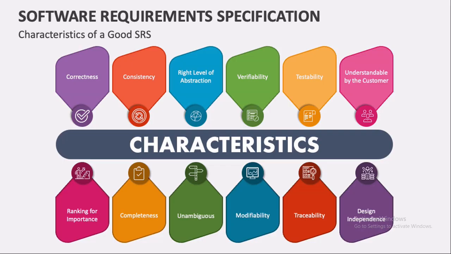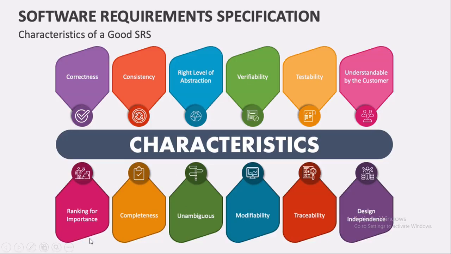It should be verifiable, or we can say testable, and modifiable. It is easy to update and it is easy to map the requirements to the final code. Your SRS must be understandable and readable by any kind of customer.